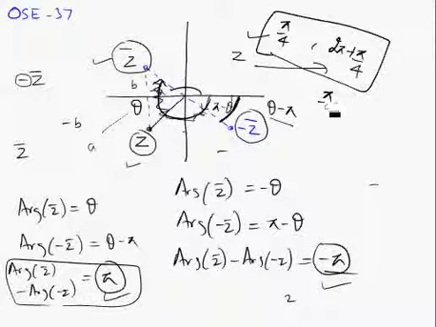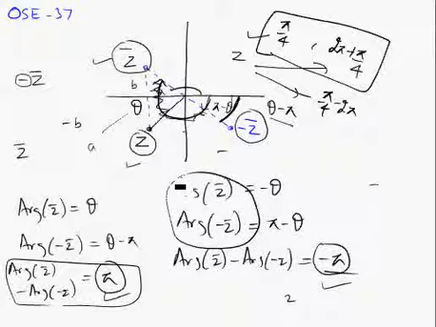Even pi by 4 minus 2 pi is also an argument of this complex number. So when the unit is argument, the difference of an integral multiple of 2 pi we ignore. So when we are subtracting two arguments, the difference is pi or minus pi, and both answers would be correct because the difference between these two is 2 pi, an integral multiple of 2 pi. So in this question both the answers are correct, pi as well as minus pi.